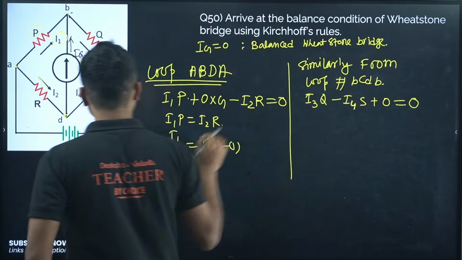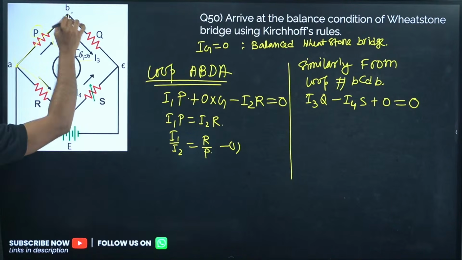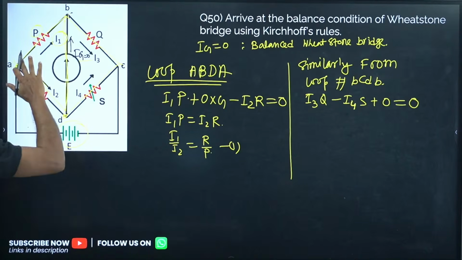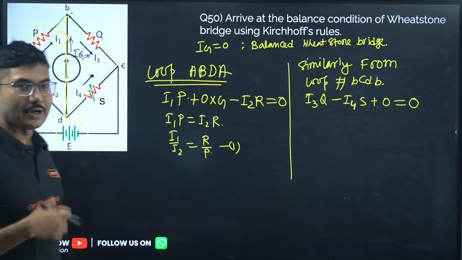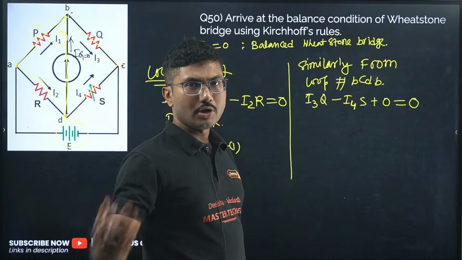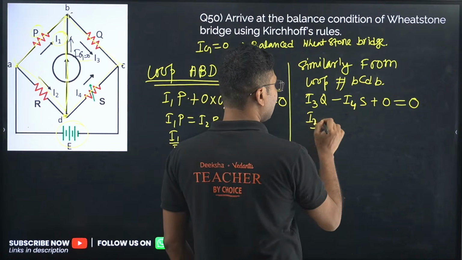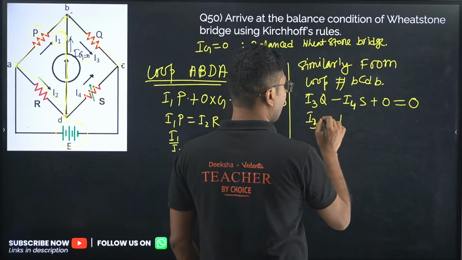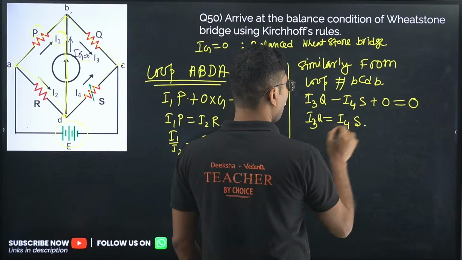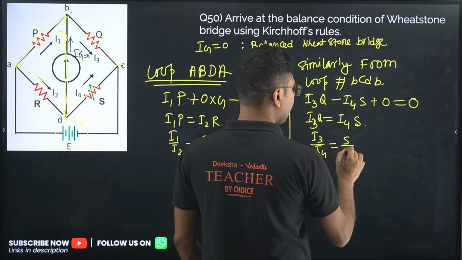Why is the right hand side 0? Because if you consider this loop or the other loop, in both cases there is no electric cell. The electric cell is outside the loop, so we will not consider it. That is Kirchhoff's voltage law. So from here we can say I3Q equals I4S, or I3 by I4 equals S by Q.